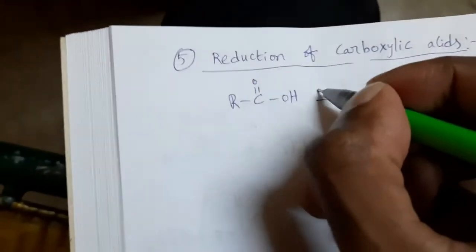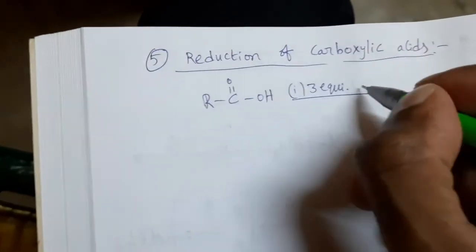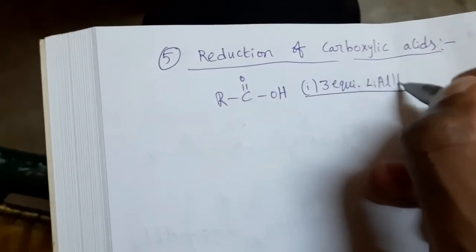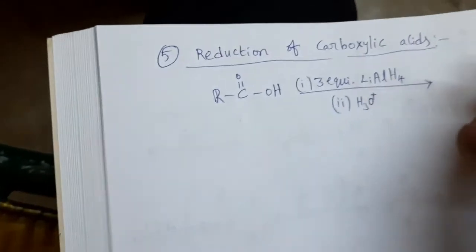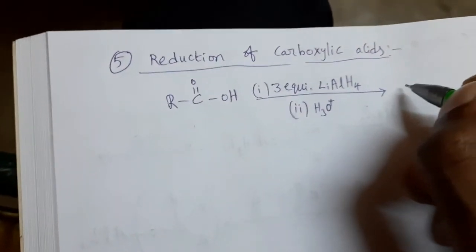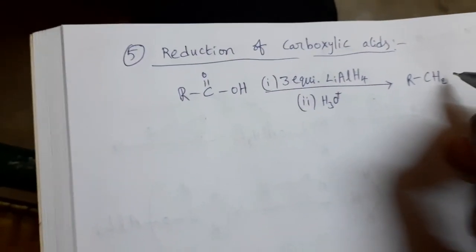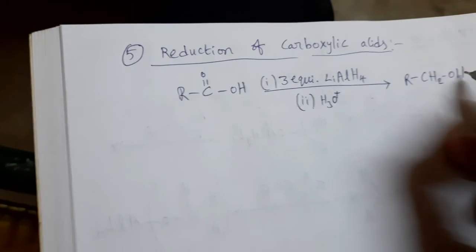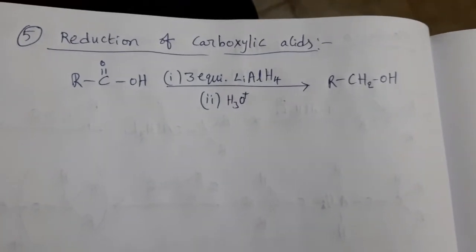These are reduced with 3 equivalents of LiAlH4 followed by acid hydrolysis. We can get alcohols, primary alcohols, RCH2OH. Okay. So this is the reduction of carboxylic acids.